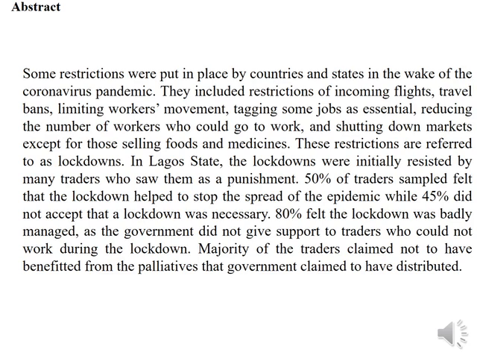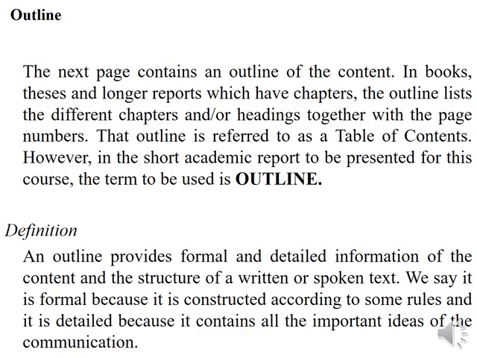A majority of the traders claim not to have benefited from the palliatives that government claimed to have distributed. So all these are the points that we are expected to give under the abstract.